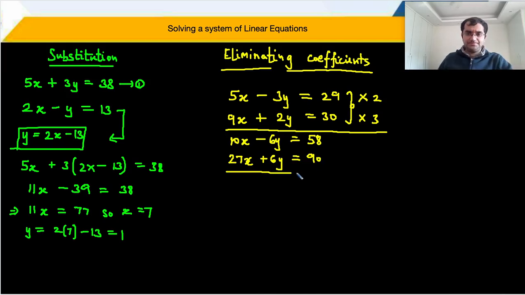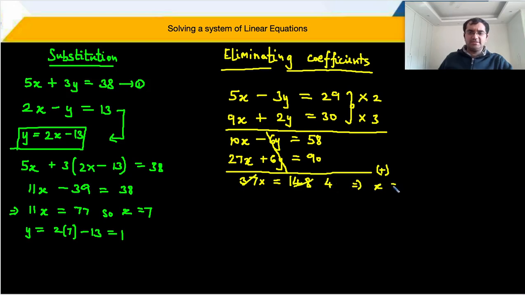Now as you can see you have a minus 6y and a 6y, so just add both the equations. As soon as you add both the equations, the 6y and minus 6y cancel. 10x plus 27x is 37x, and 90 plus 58 is 148. 37 cancels, 4 times.